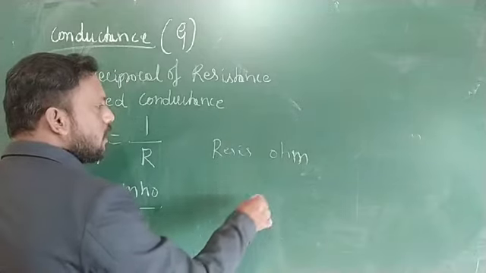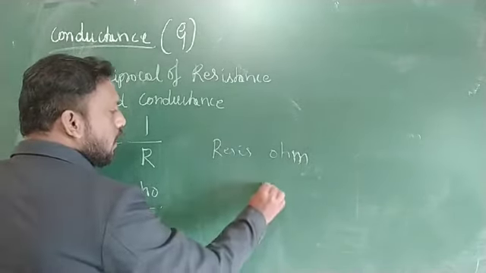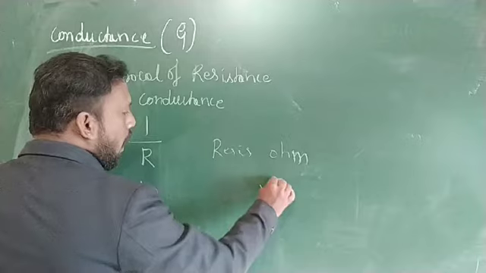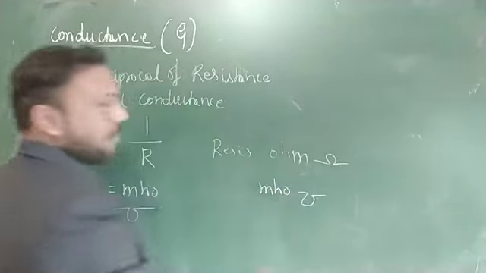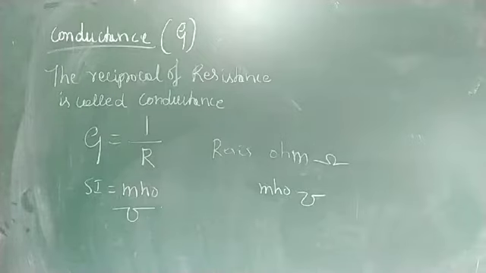The reciprocal of resistance is conductance, and that is mho. This is the difference between resistance and conductance. Next is the conductivity of the conductor.